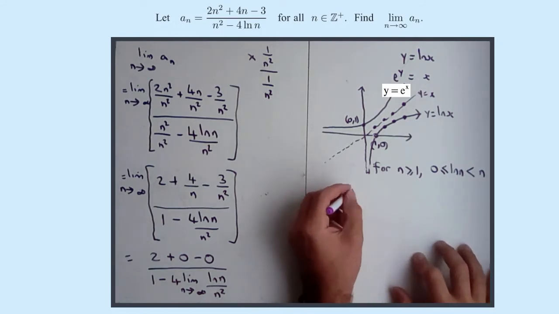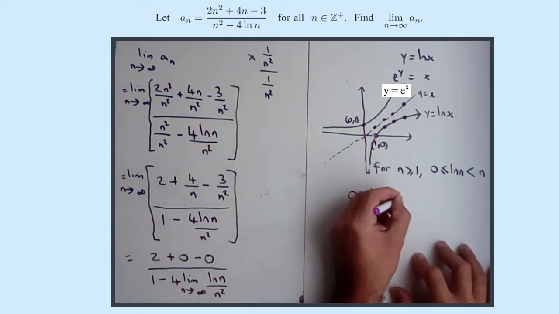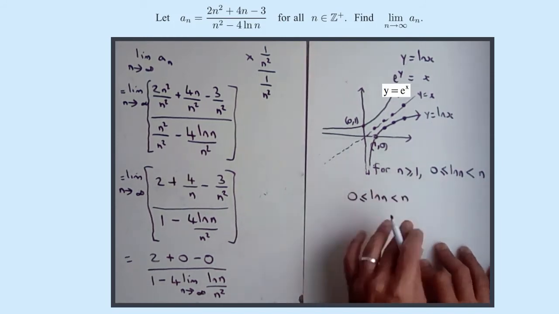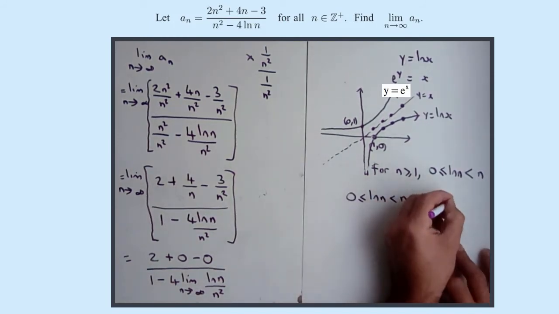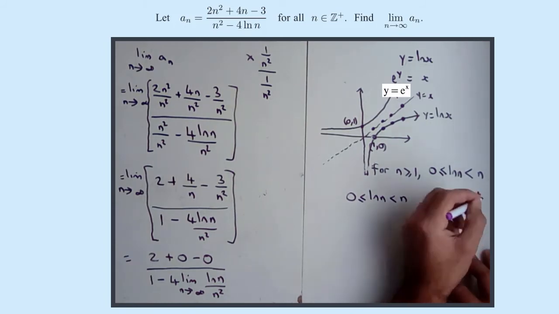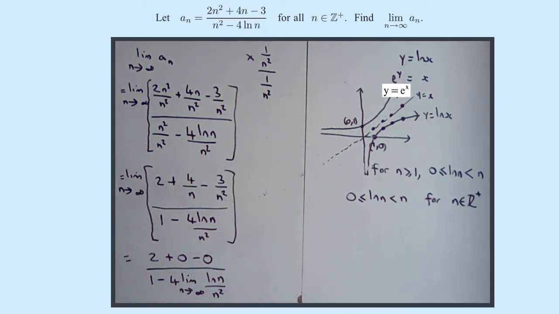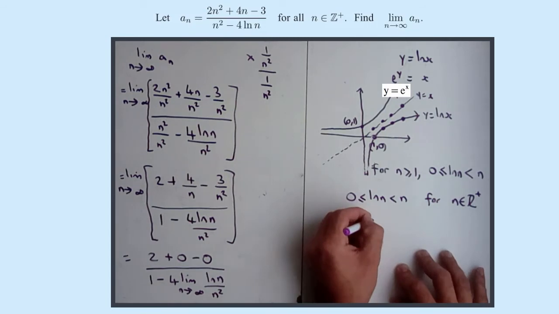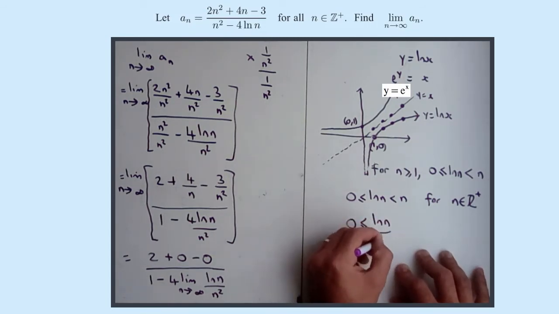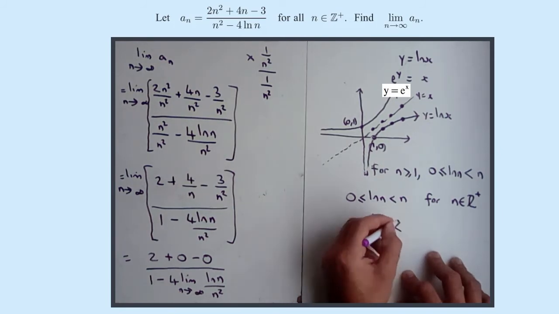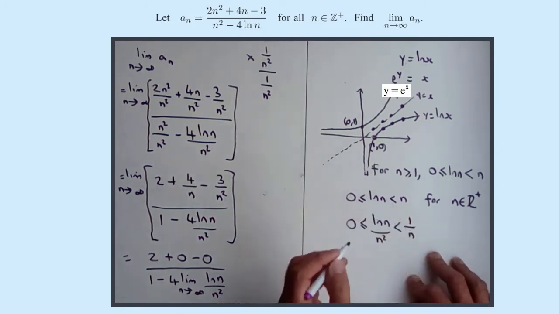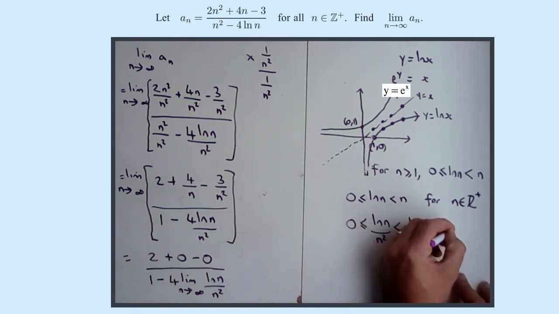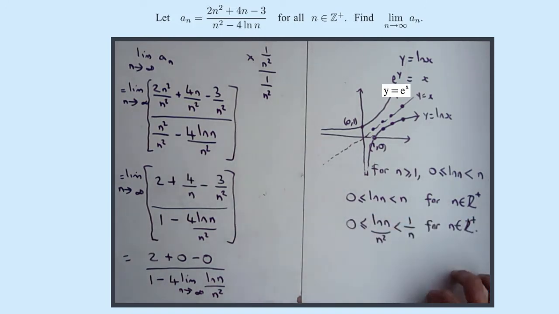So if we have 0 less than or equal to ln n, less than n, for positive integer n, that means, if you think of what we're aiming at, ln n over n squared, if we divide everything by n squared, which is positive, so it won't flip the inequality, well, 0 over n squared is just 0. ln n over n squared is ln n over n squared. n over n squared is 1 over n. So that is true for all positive integer n.